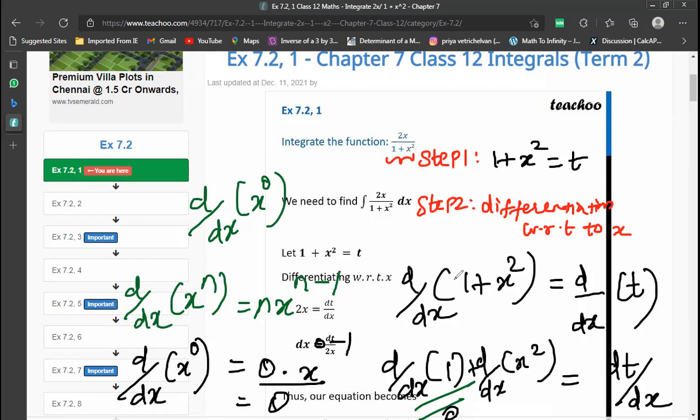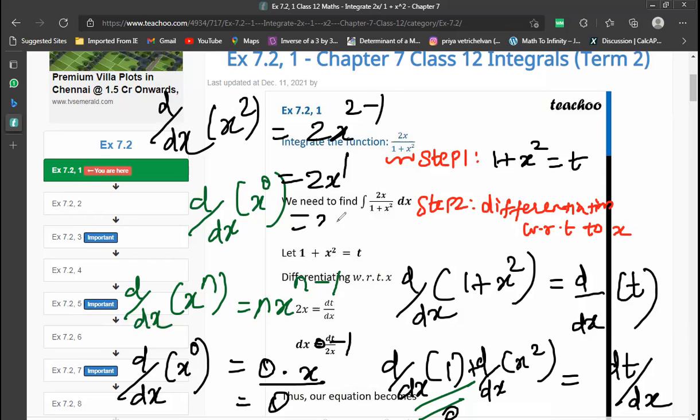And what is differentiation of x square? Again, the same rule. d by dx of x bar 2 will give you 2 into x bar 2 minus 1. So it will be 2 into x bar 1, which is 2x. So it's 0 plus 2x is equal to dt by dx. Understood?